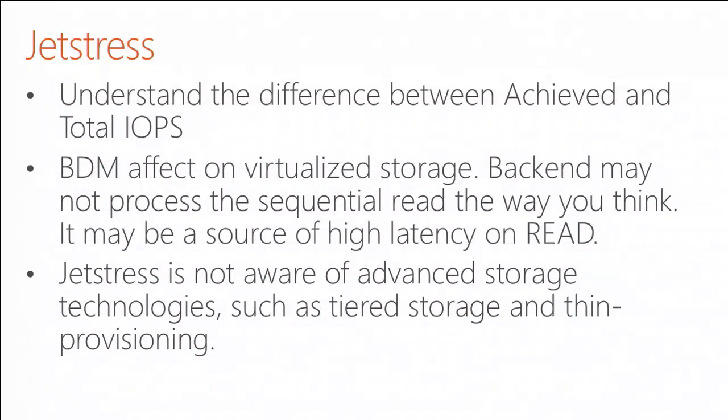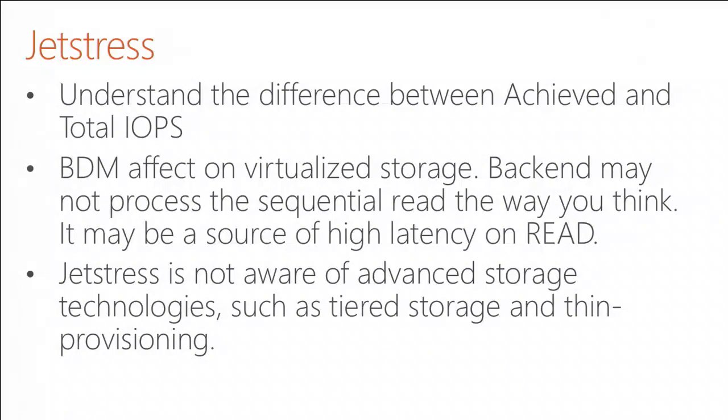Another great point is JetStress is not aware of any advanced storage technologies. So if you have those fancy storages that do tiering, thin provisioning, whatever they come up with, JetStress is not aware of that. It just treats everything as a single volume, right? Mainly with tiered storage, if you're doing tiered storage in JetStress, just don't even bother, because you're just going to get awful results.